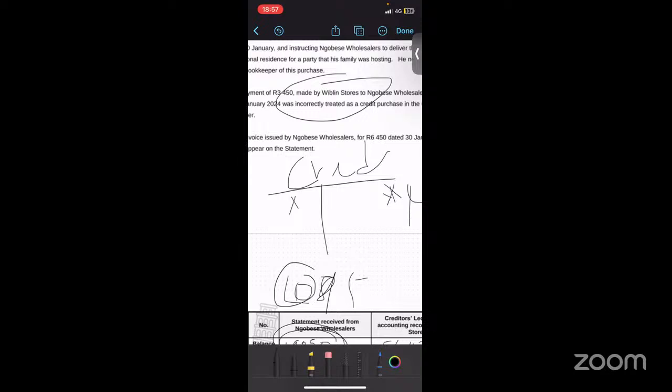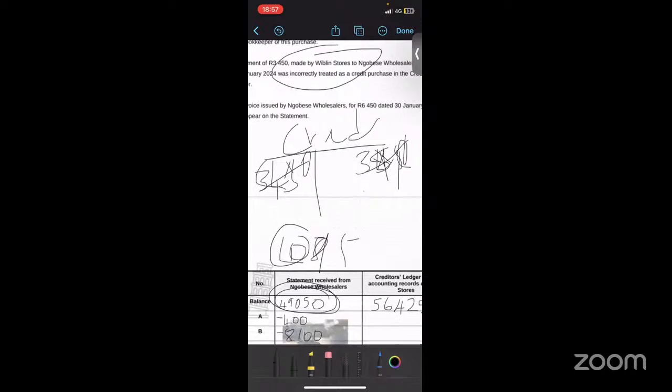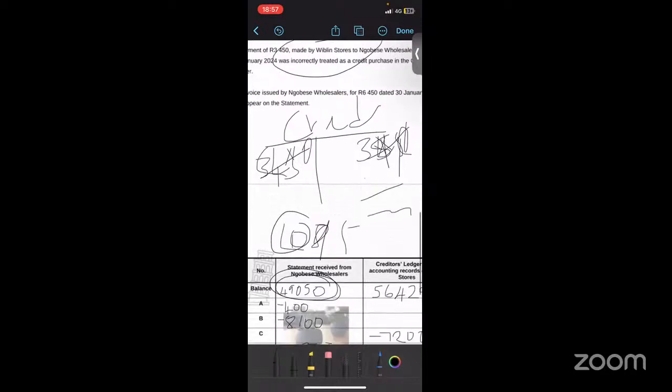So we said we owe them 3,450. To correct this error, you're going to have 3,450, which cancels this, because the balance would be 3,450 minus 3,450 is 0, right?